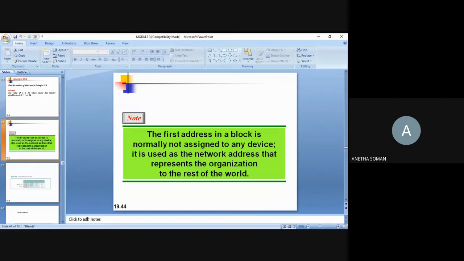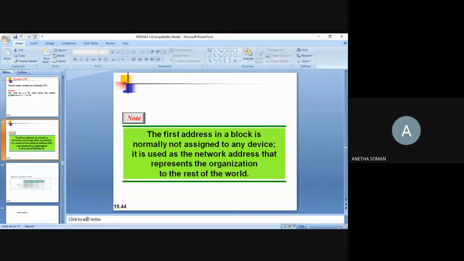So the first address in the block is not assigned to any device. It is not given to any of the hosts. It identifies the network address. In classless addressing also, the first address in the block is not assigned to any device. It is used as the network address.